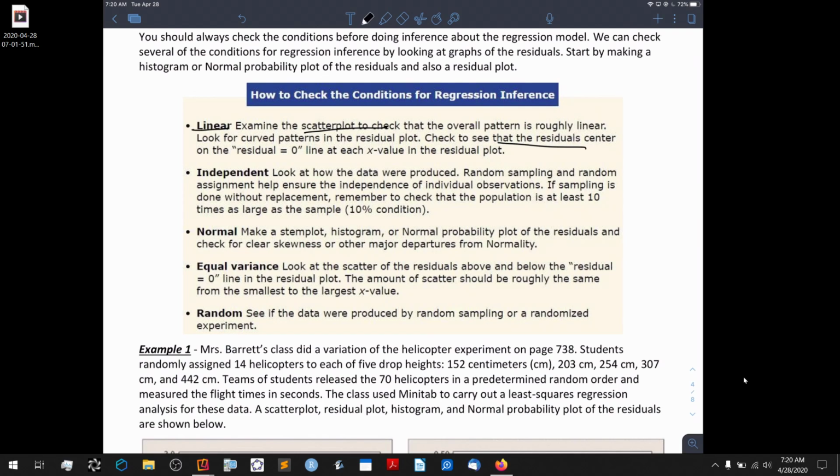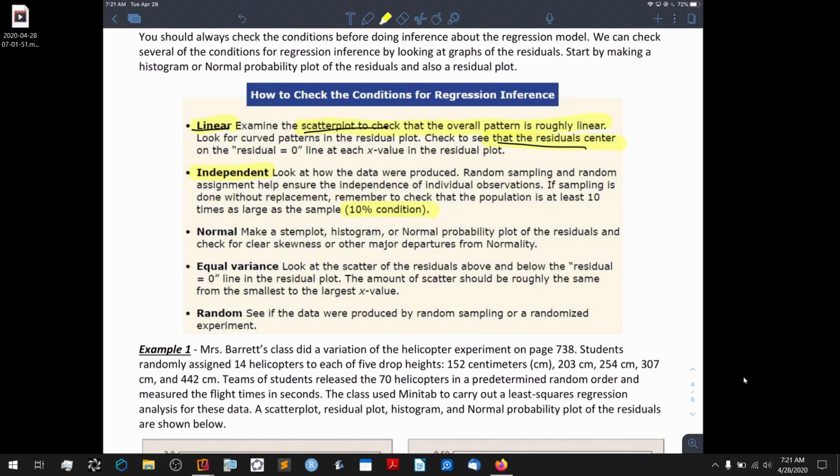To check the linear condition, I just check: does the scatter plot have a linear pattern, and are the residuals basically randomly scattered around the line residual equals 0? Independence, you've been doing this forever. You know how to check the independence condition. If it's from sampling, check the 10% condition.